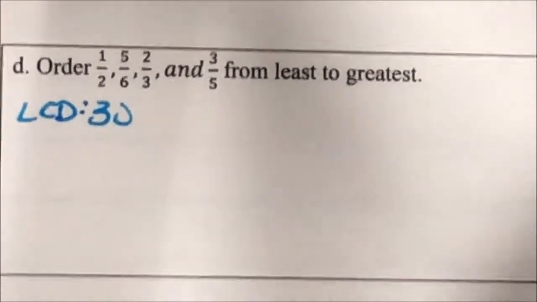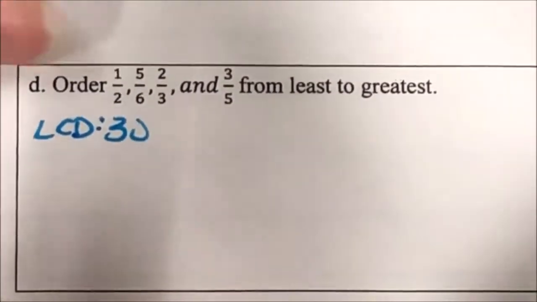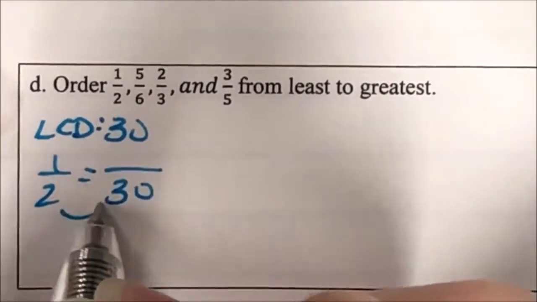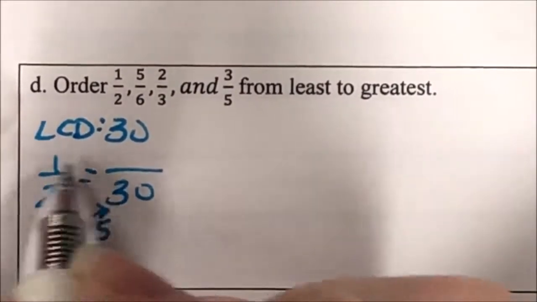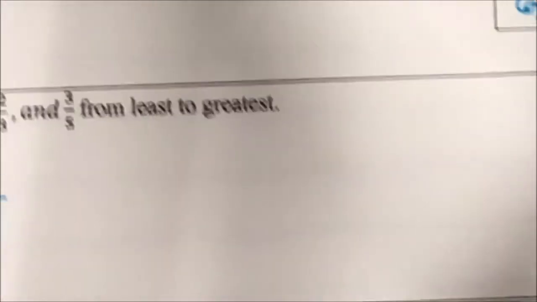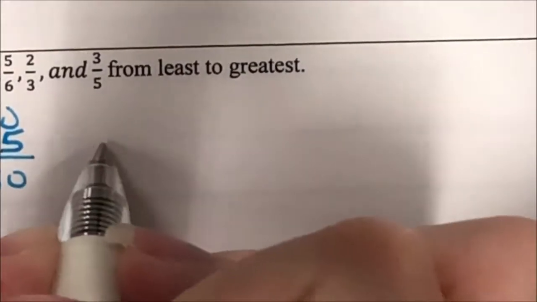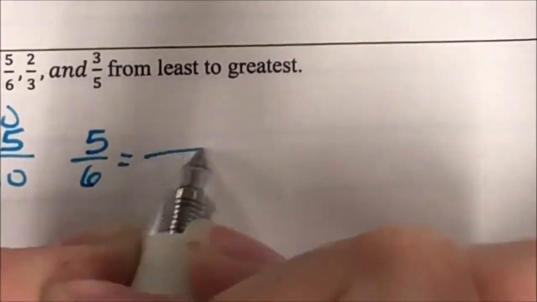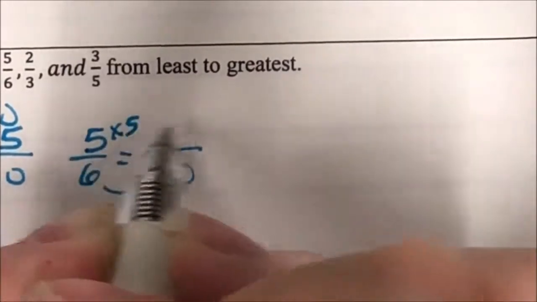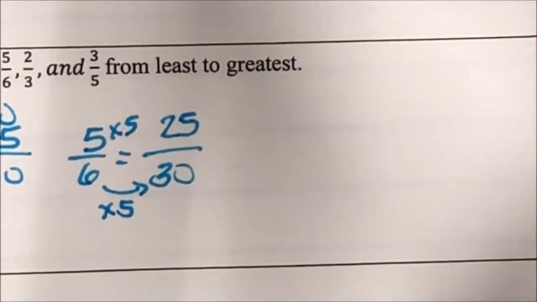Okay, so I'm going to order each one of these fractions, so I'm going to change them. So 1/2, I had to multiply this by 15, so 1 times 15 gives me 15. For 5/6, I had to multiply by 5, so I get 25 over 30.